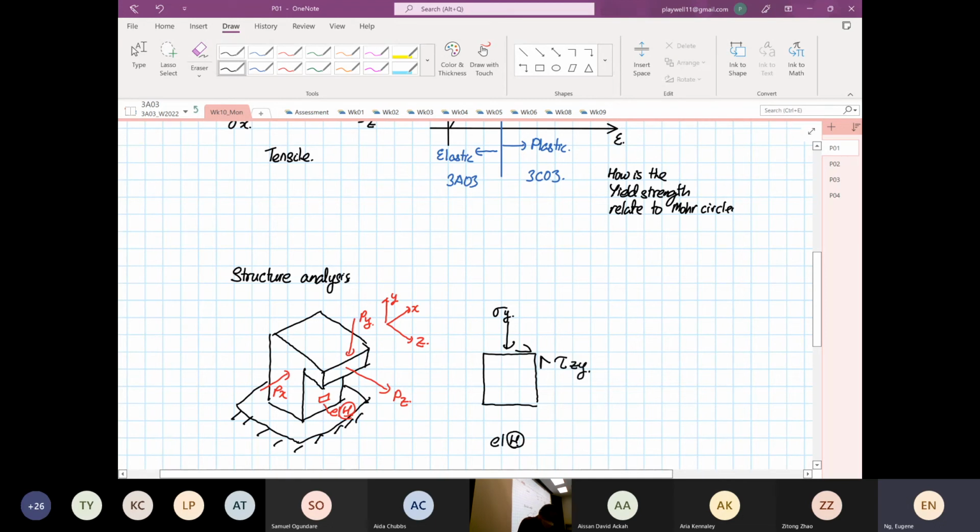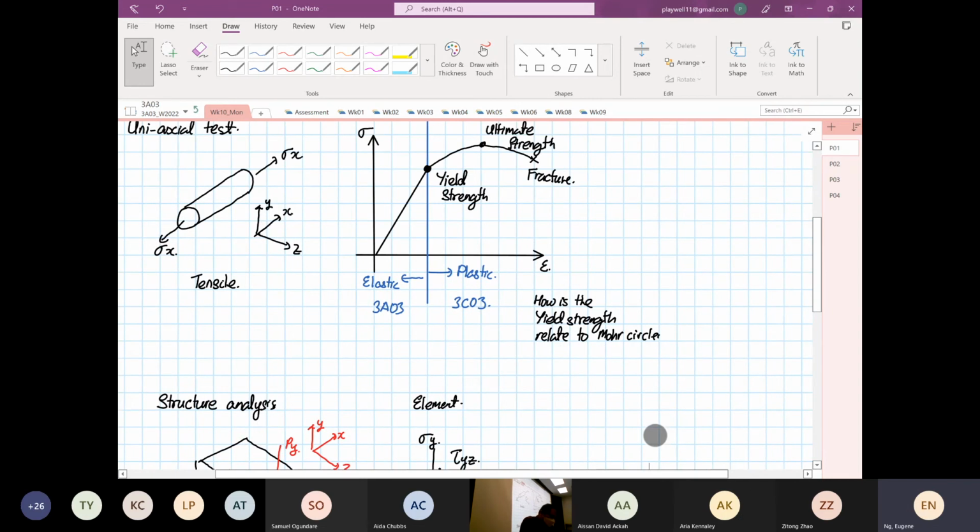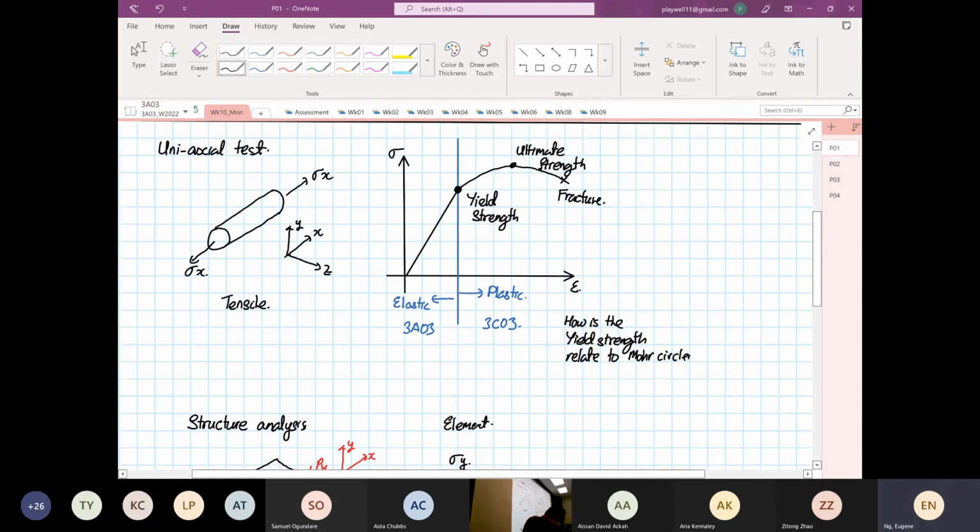The intersecting plane is on the Z. Yep, Y, and this is shear YZ. Okay, now, so this is our element. Before I go on, over here, in fact, when we do our stress-strain curve for the uniaxial test, we also have our element down here.